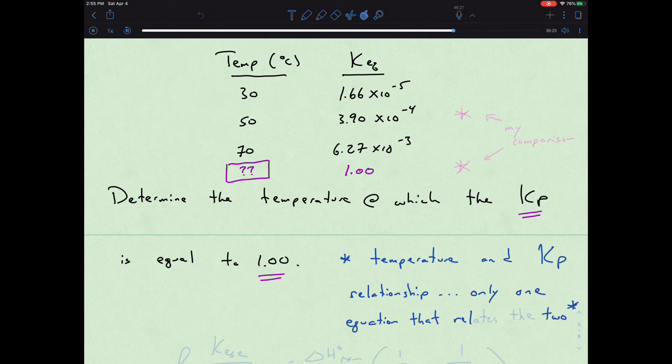Obviously that's what we were just talking about as far as that relationship in terms of the Clausius-Clapeyron sense. So we're basically looking at this expression.